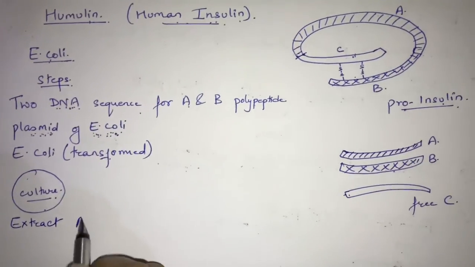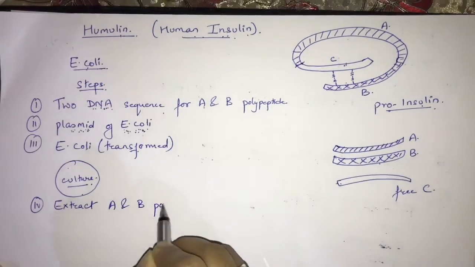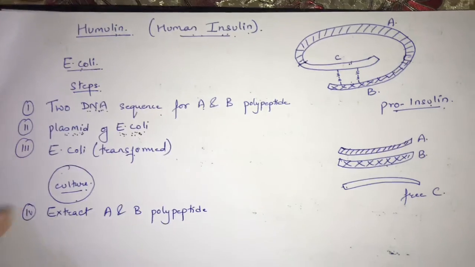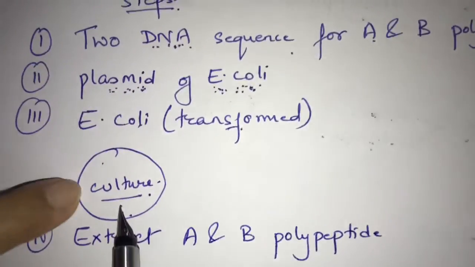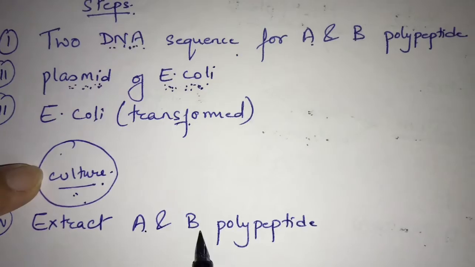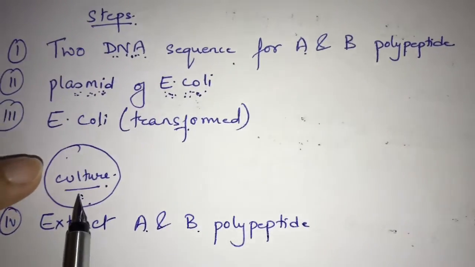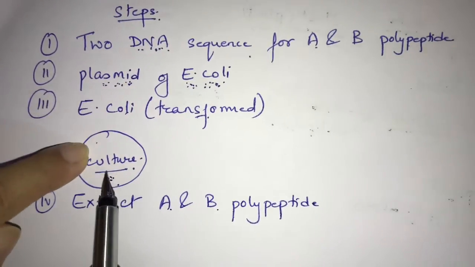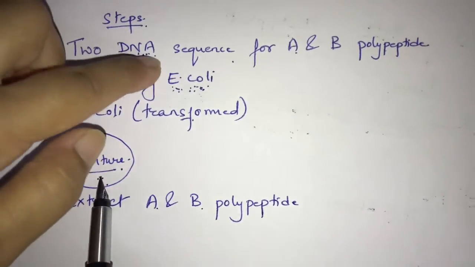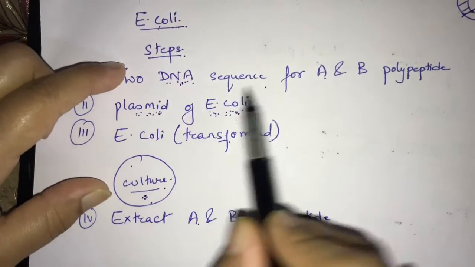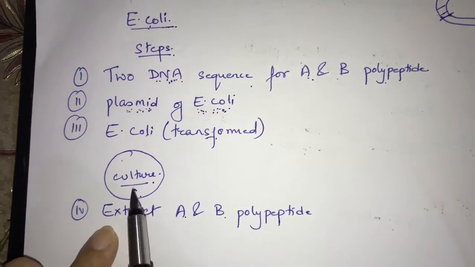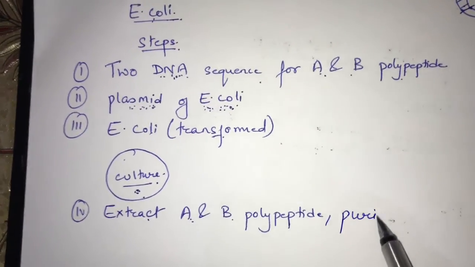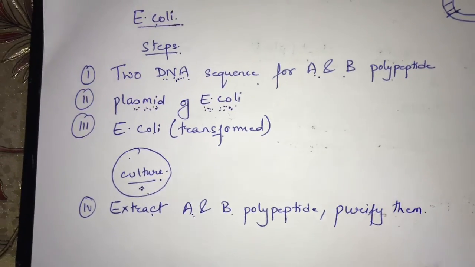So we need to extract A and B polypeptide from this culture, from these bacteria, because these multiple bacteria not only have their own plasmid DNA, but they also have DNA, the gene of interest, which codes for A and B polypeptide. So after it is cultured, we need to extract A and B polypeptide and then we need to purify them.